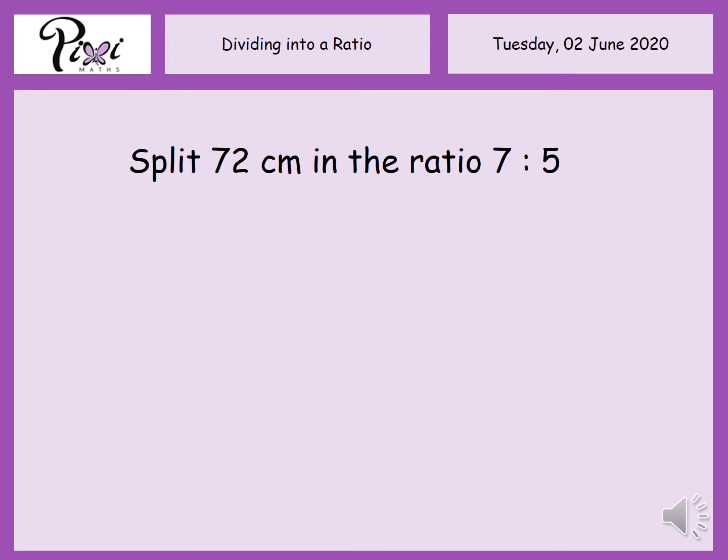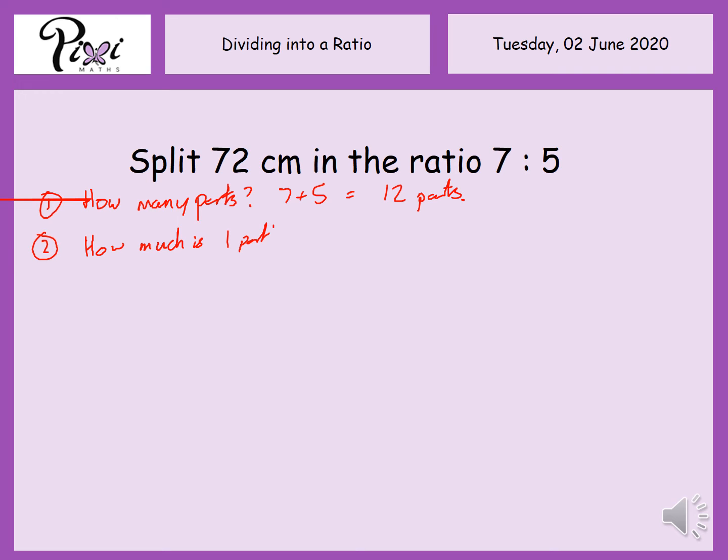So step 1, how many parts? So we've got 7 plus 5, so that is 12 parts. Step 2 was how much is 1 part worth? So how much is 1 part?